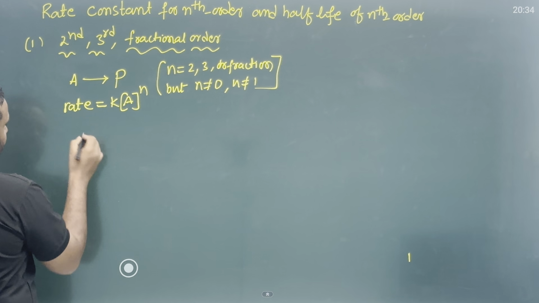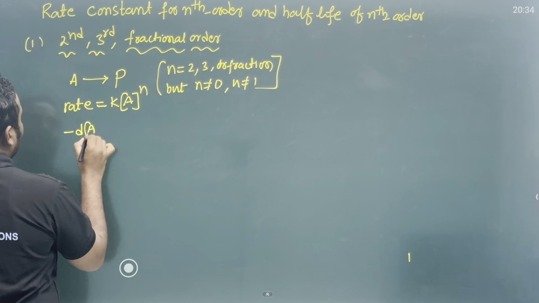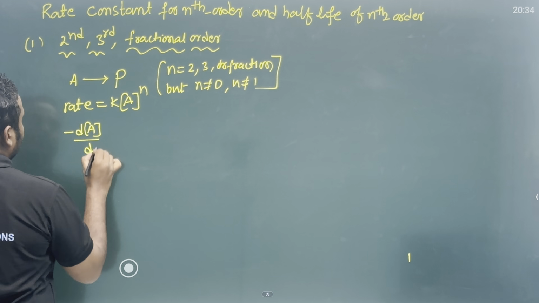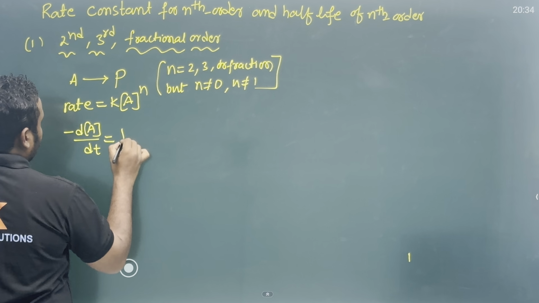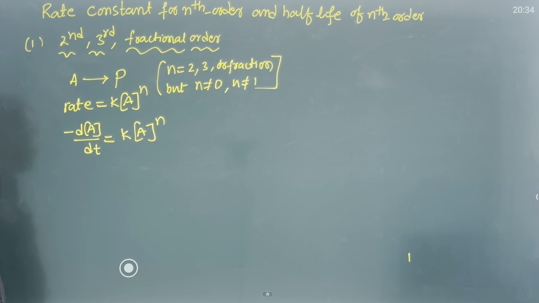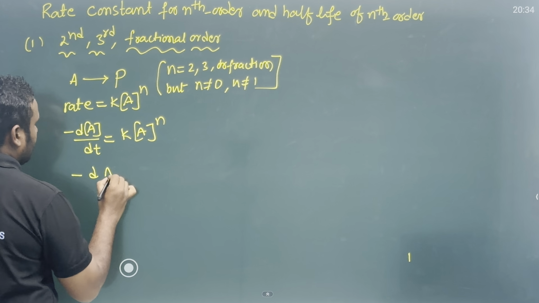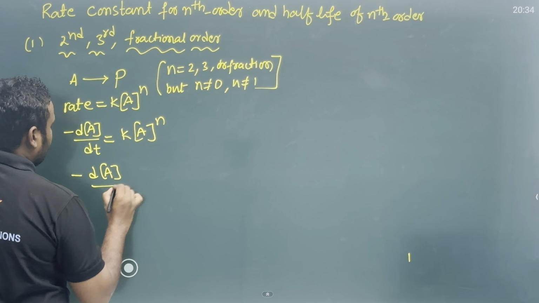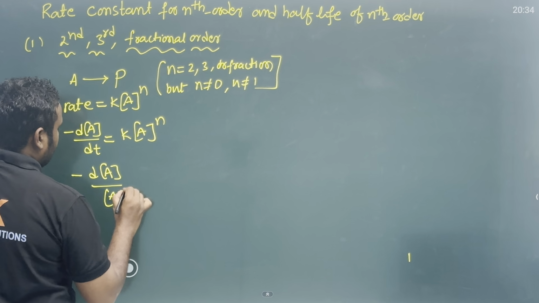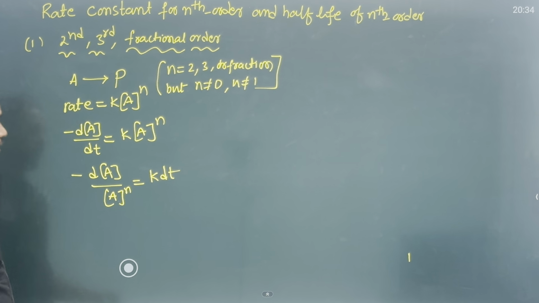So what is the rate formula? Minus dA by dt is equal to K into A power n. Now minus dA by A power n is equal to k dt.